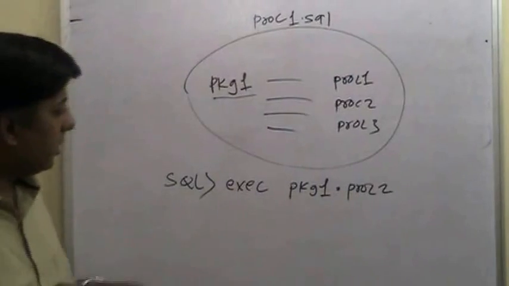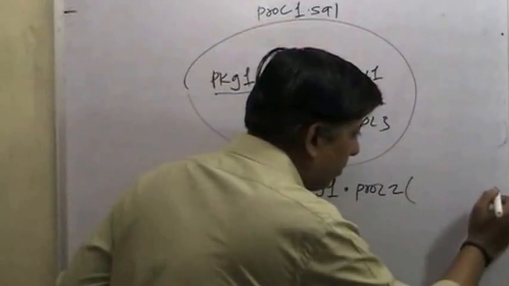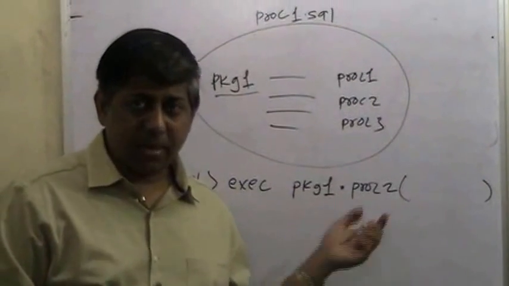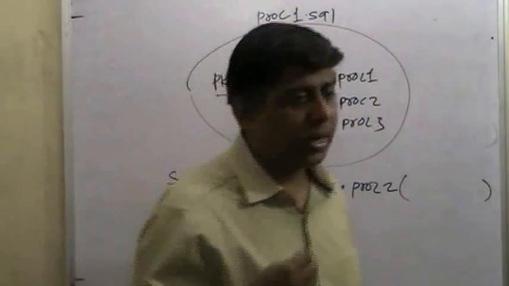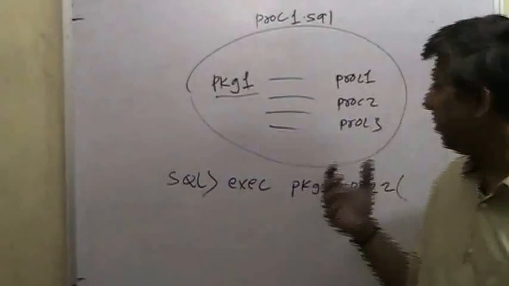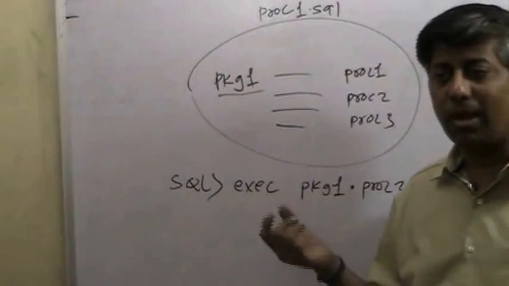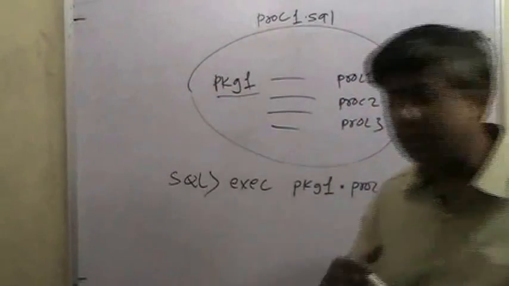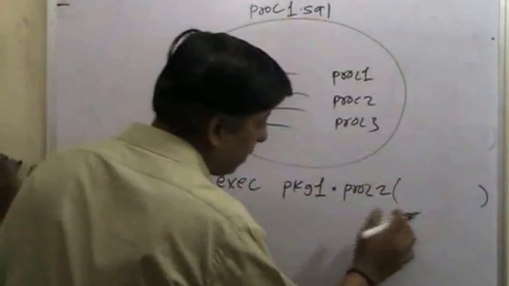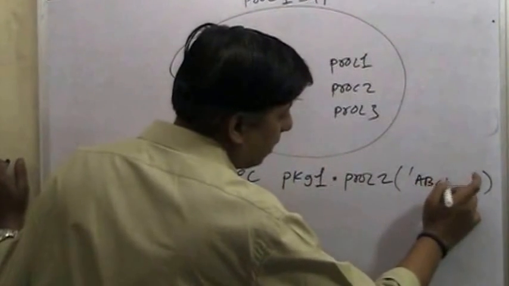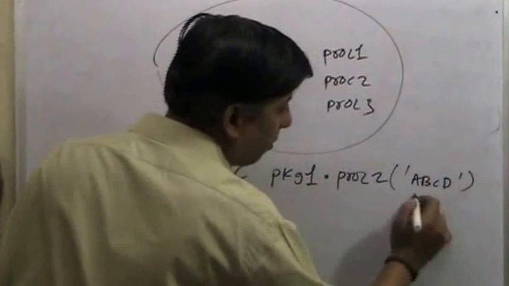A very important thing that a DBA should know is that when any program gets executed, many times that program requires certain information. For example, if I want to insert a value of shaker, then I need to pass shaker to it. That is programming parameter passing. So here you pass some information in single quotes, ABCD.